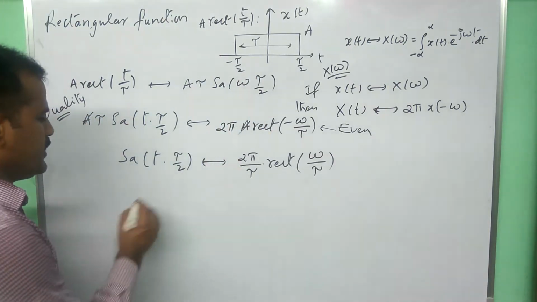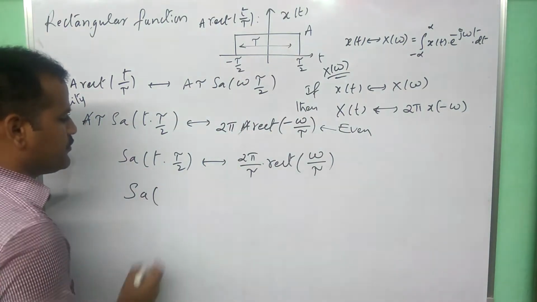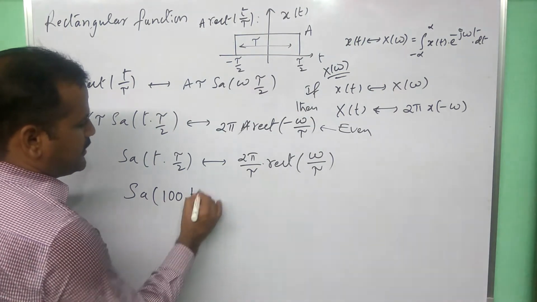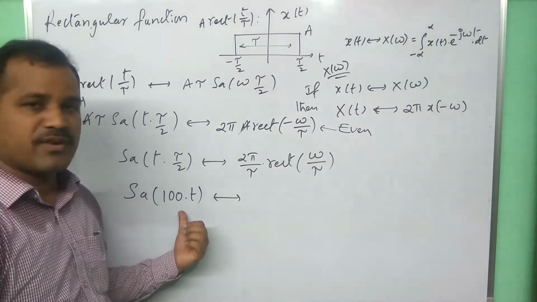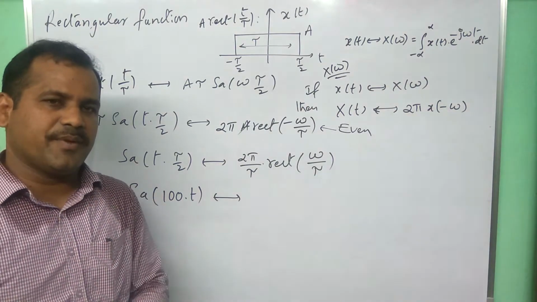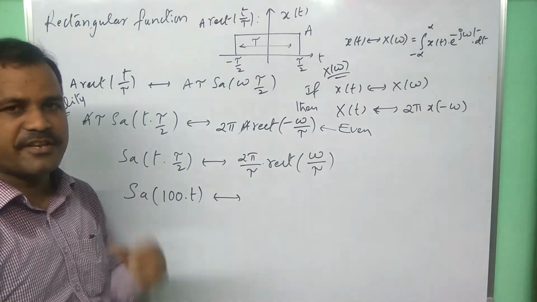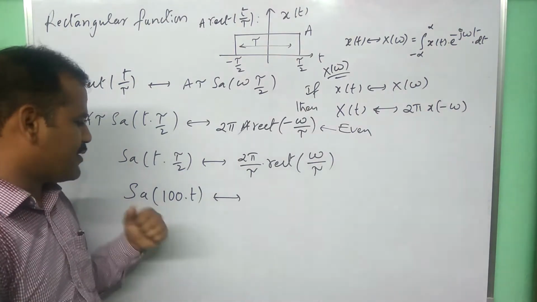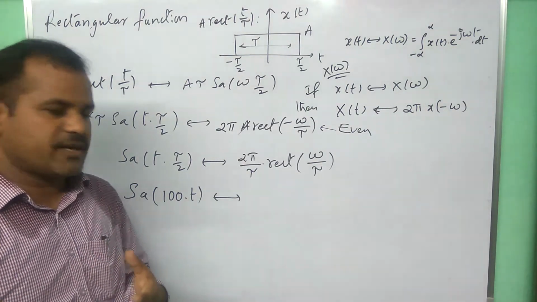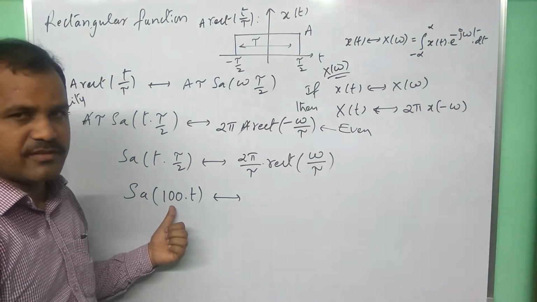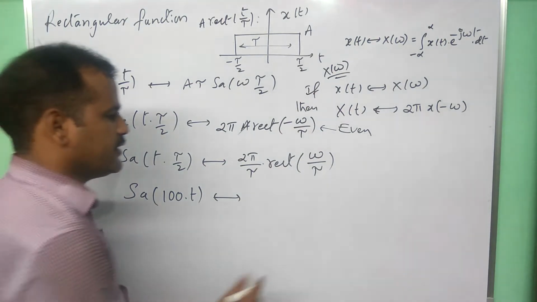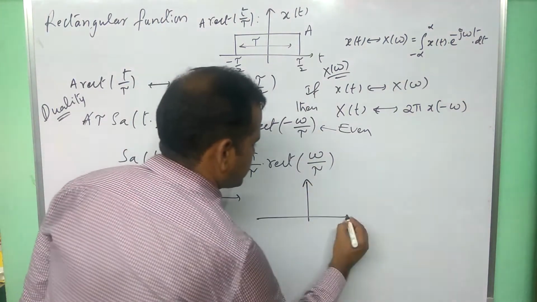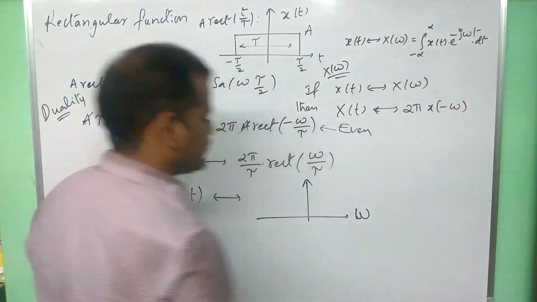For example, if we want the Fourier transform of sampling of 100t, what is the highest frequency in this sampling function? In the sampling theorem, we repeatedly use this function. The sinc function we repeatedly use, and the sampling function also. If we want the Nyquist rate, we have to find the highest frequency in this signal. So for the Fourier transform of this one, we immediately take the rectangular function in ω analysis.